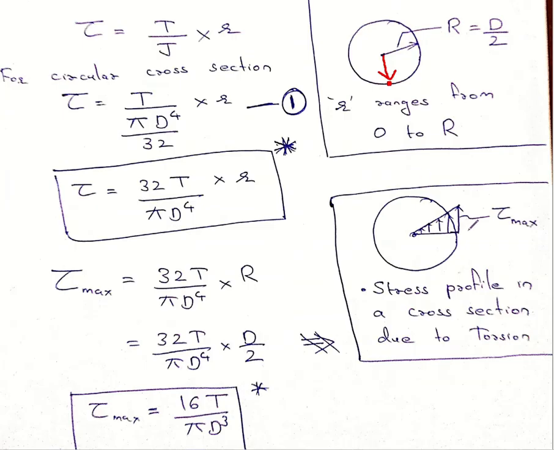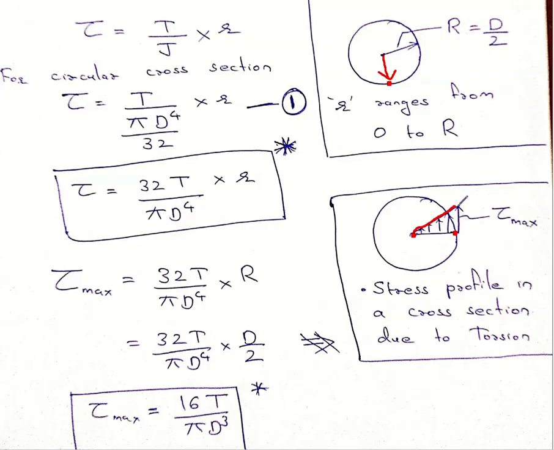So this is how a stress profile looks. You can see here the value of shear stress. A radial line is shown here. The value of shear stress at this point is 0. It goes on increasing, and at this point the value of shear stress is maximum.